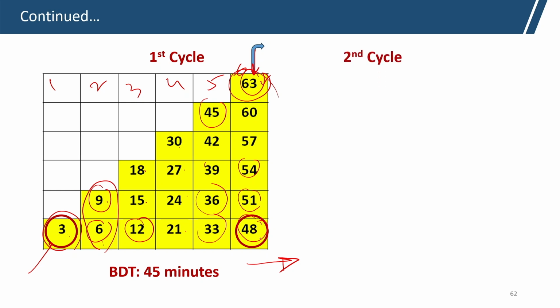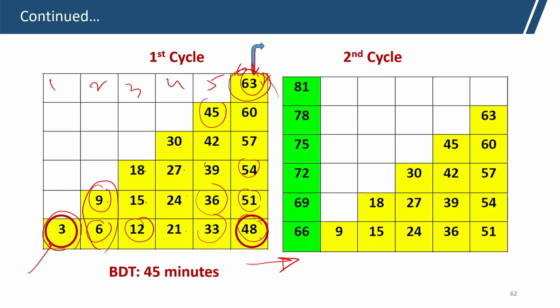And similarly for the second cycle, you can see here, 63 is there, and then 66, 69, 72, 75, 78 and 81. And here the blending delay time will be 57 minutes.